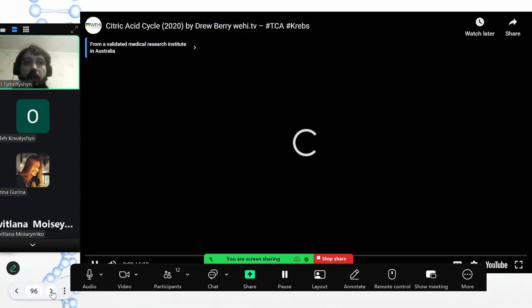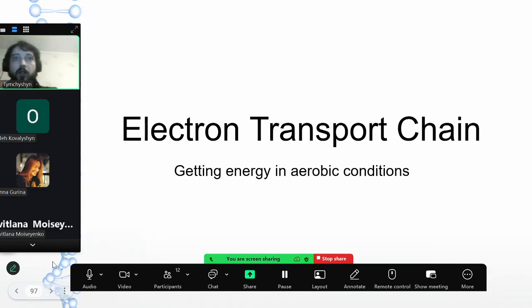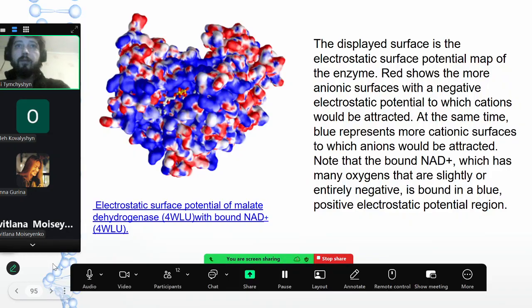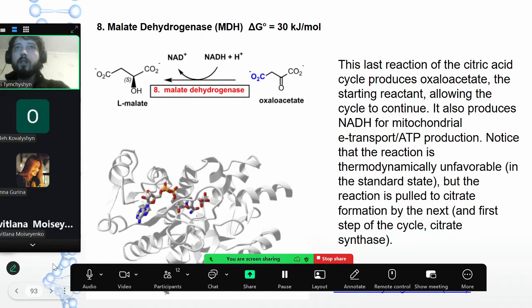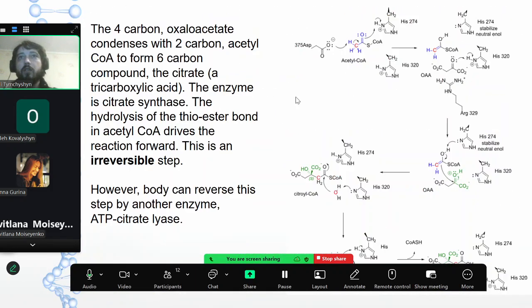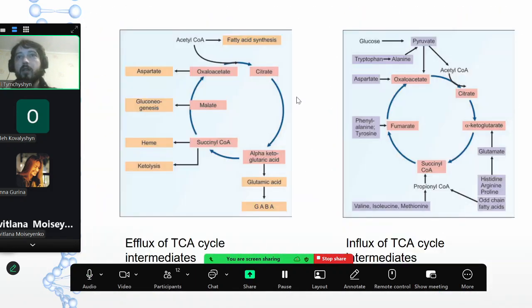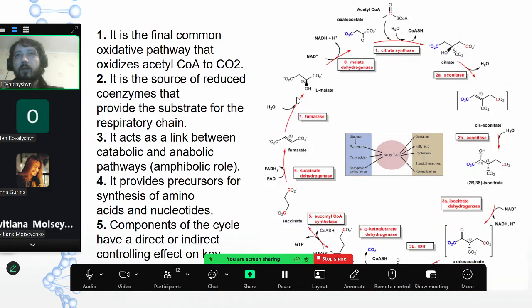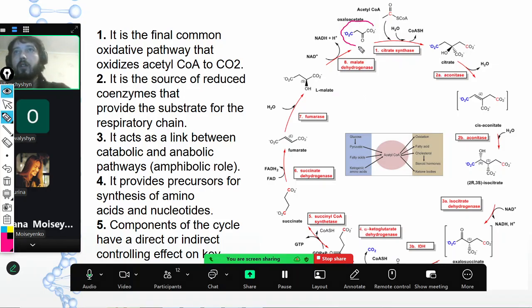So now you see the last step was the formation of the oxaloacetate, and we have basically closed our cycle. So here, if I return to this point, we have 8 steps, and the 8th step closes the cycle.